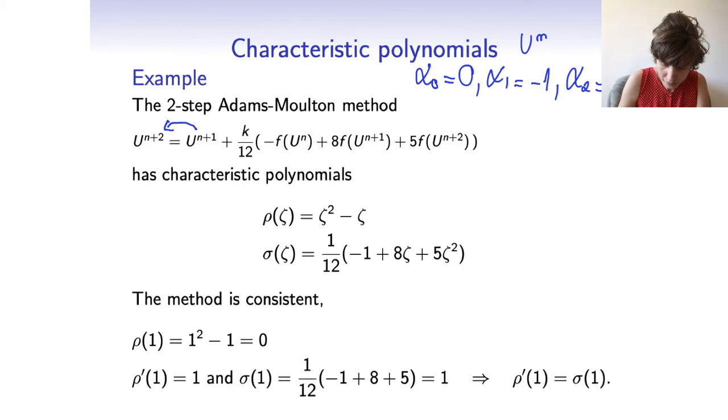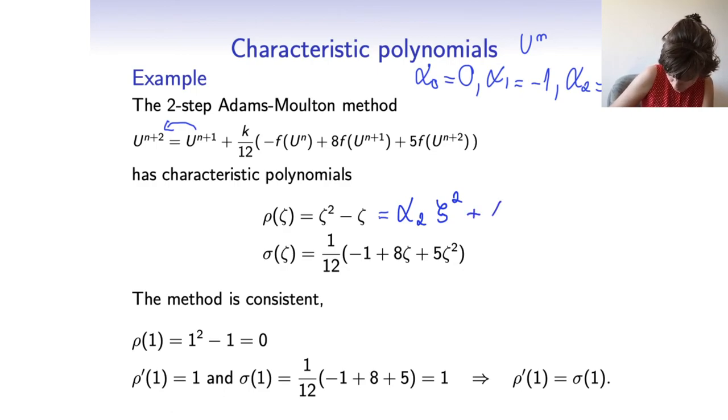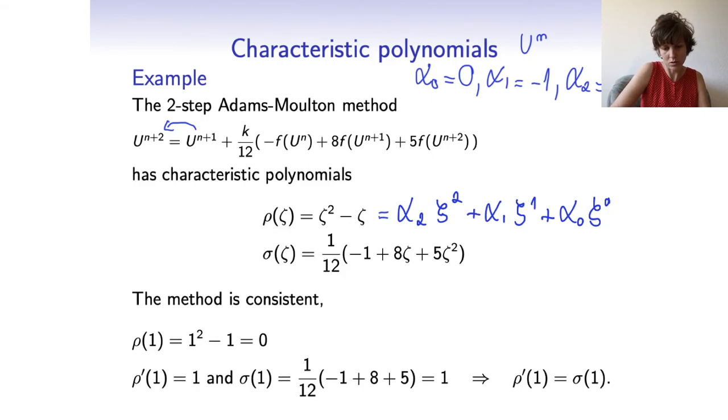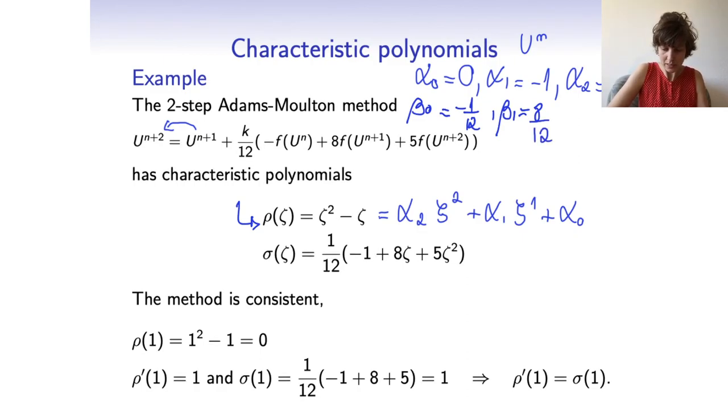And therefore, if we write the polynomial, it would be alpha 2 times psi to the second, plus alpha 1 psi to the first, plus alpha 0 psi to the 0, which is 1. Okay, so then we get this, and let's look at the beta. So beta 0 equals minus 1 divided by 12, beta 1 equals 8 divided by 12, and beta 2 equals 5 divided by 12.